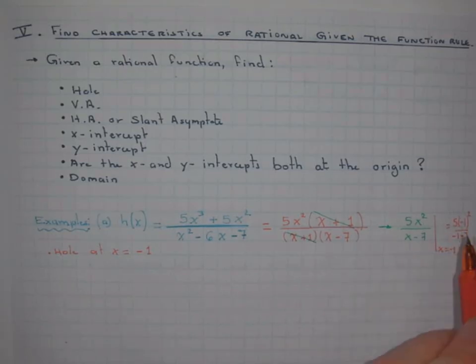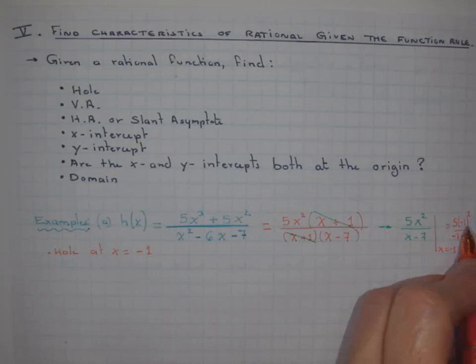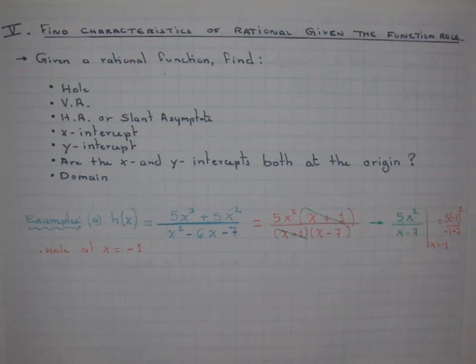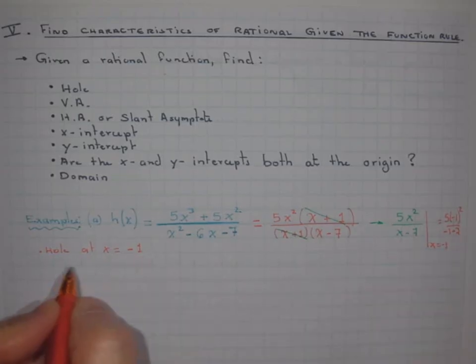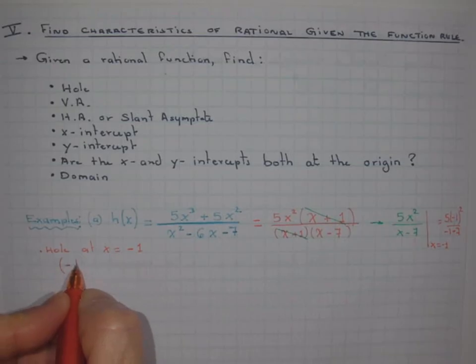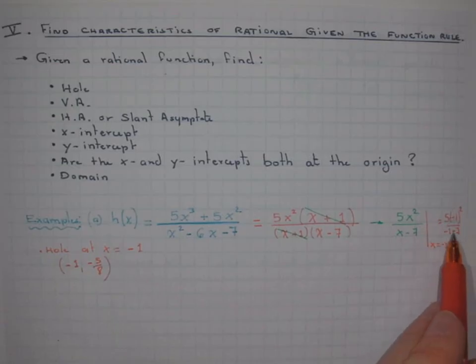Negative 1 squared is just a positive 1, and 1 times 5 is 5, and negative 1 minus 7 is negative 8. So the hole will be at the point negative 1, negative 5 over 8, since 5 over negative 8 is the same thing as negative 5 over 8. This is the location of the hole, so we're done with the hole.